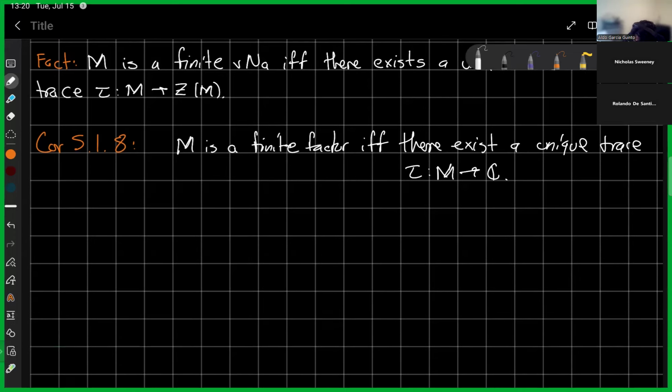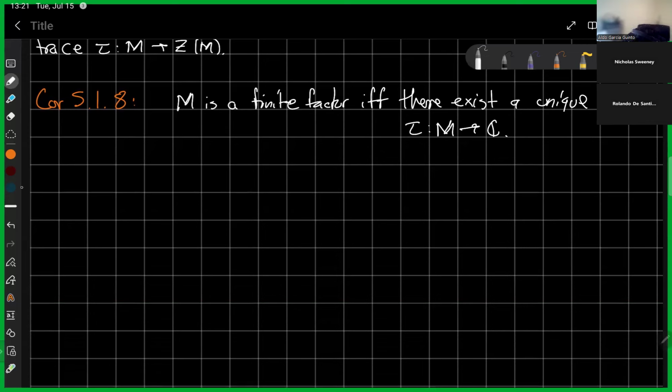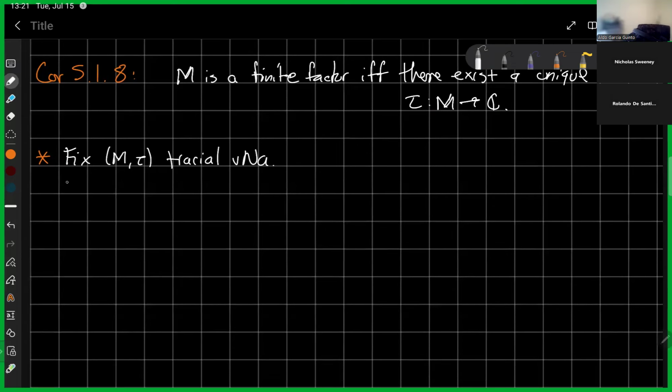Okay. So from now on, we're going to fix a tracial von Neumann algebra, and we can construct the GNS representation, so we denote the GNS Hilbert space.